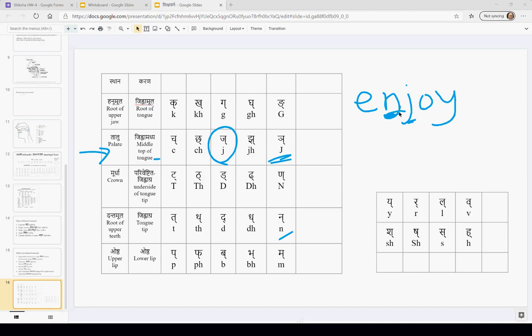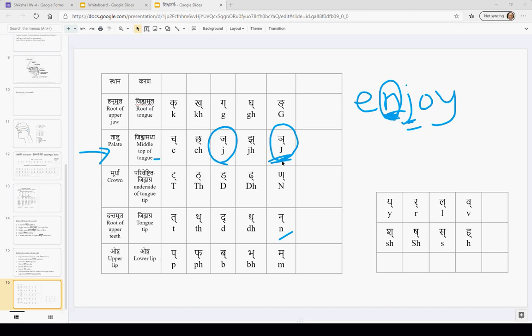So the position for this sound is also changing to the same thing, which is ja, but additionally it is sounding nasal. So we are pronouncing this sound there, which is with this symbol nya. Enjoy, nya, enjoy.